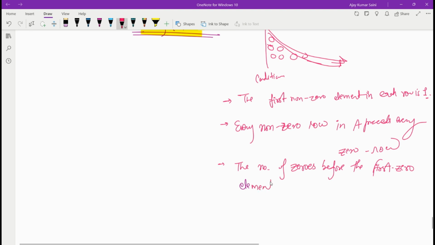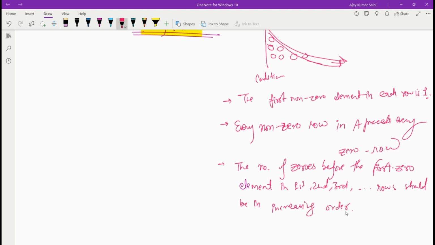So in the first, second and third, like any rows, the number of zeros should be in increasing order.